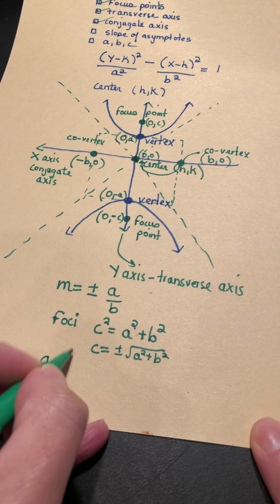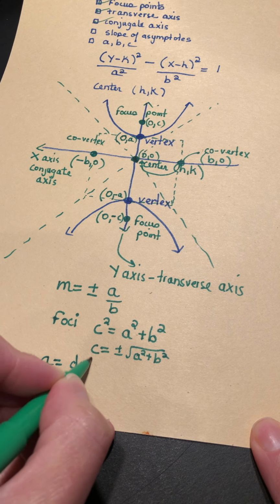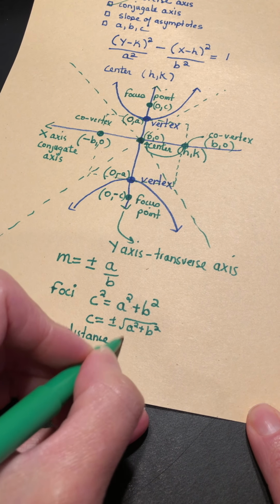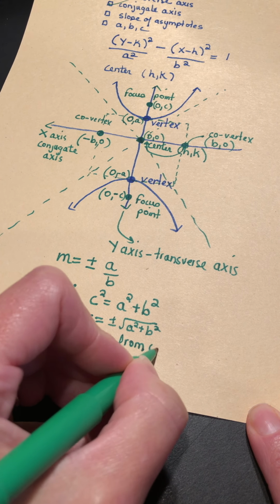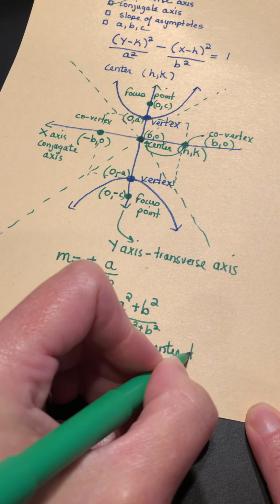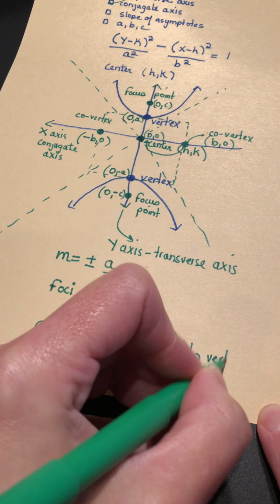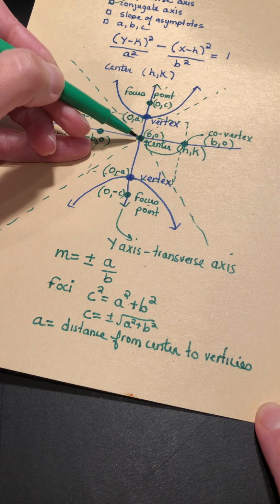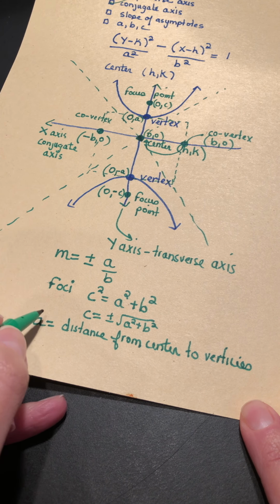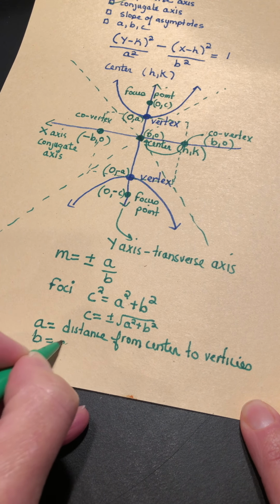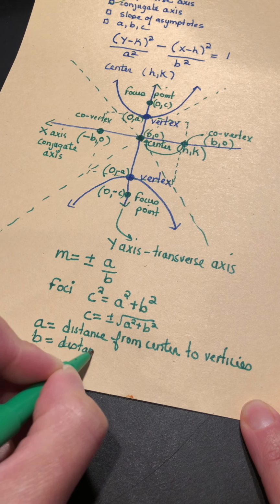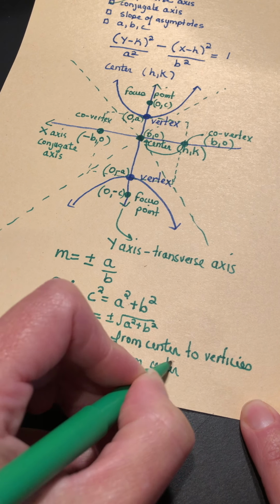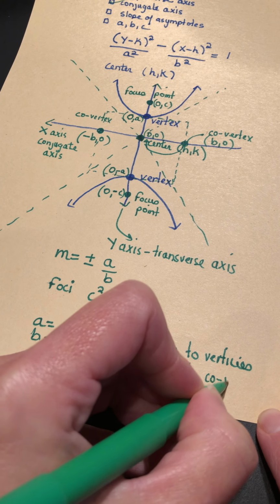And as always, A, B, and C are gonna mean the same thing. A is still going to be the distance from the center to the vertices. B is going to be the distance from the center to the co-vertices, just like before.